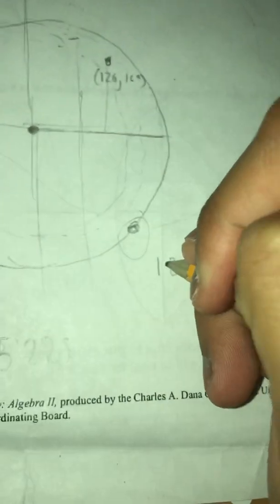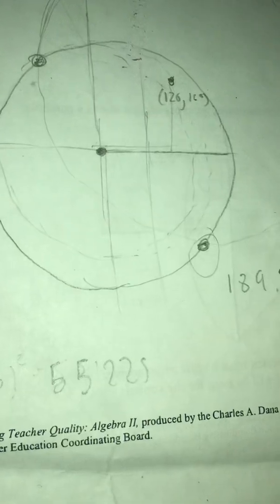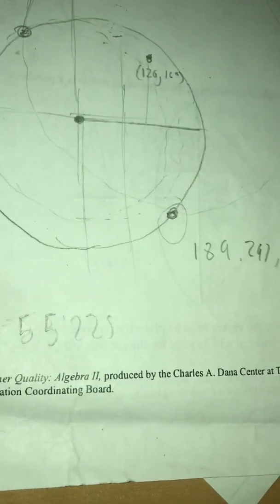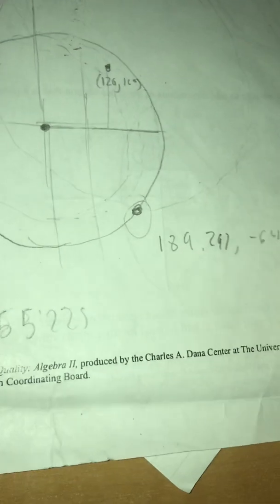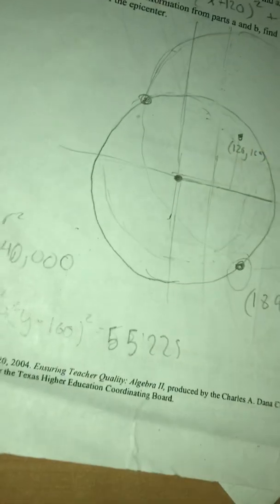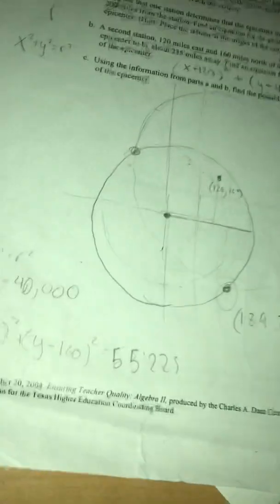So we can write 189.297, negative 64.551 is right there. Then for this next one over here, I can't have 2 positive values. That would just end up in the first quadrant, and there's no way that these two could intersect then. So that means my x value would have to be negative, but my y value would be positive.